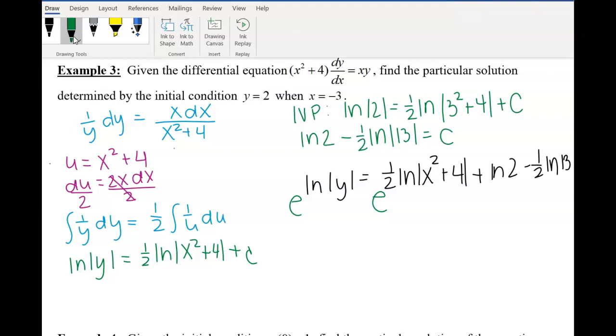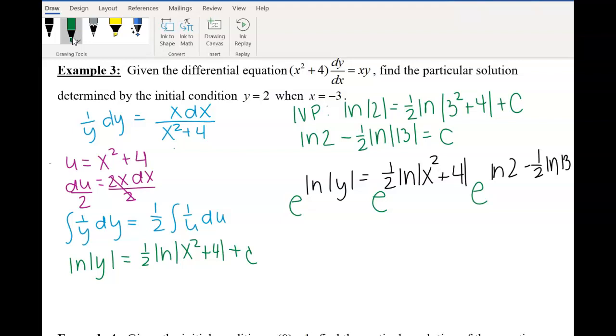Just because my space is a little bit limited, all these plus signs are kind of like multiplication of that variable.